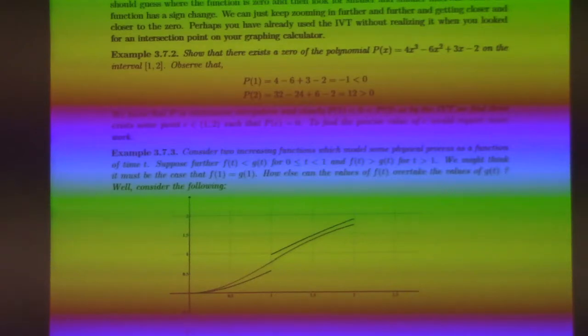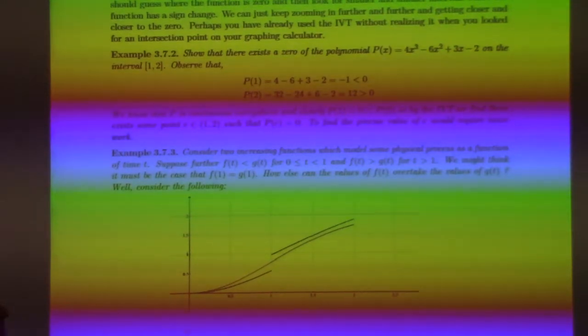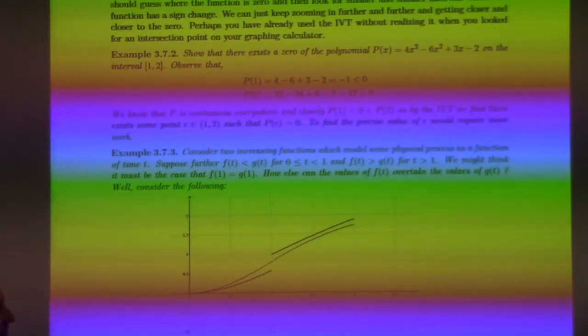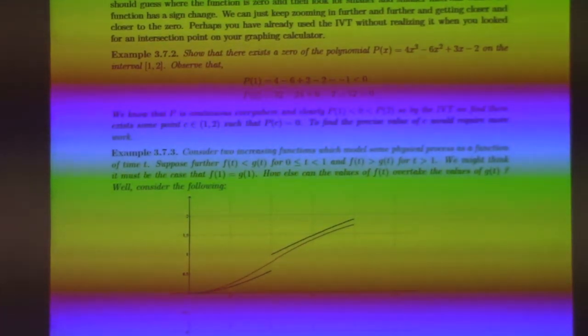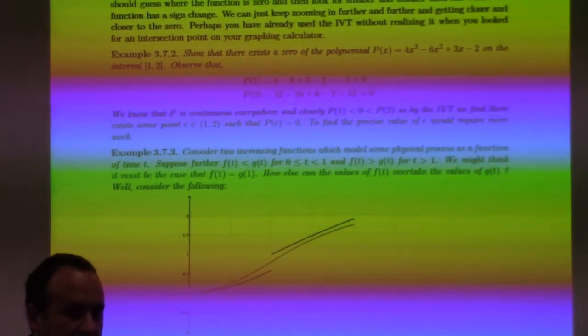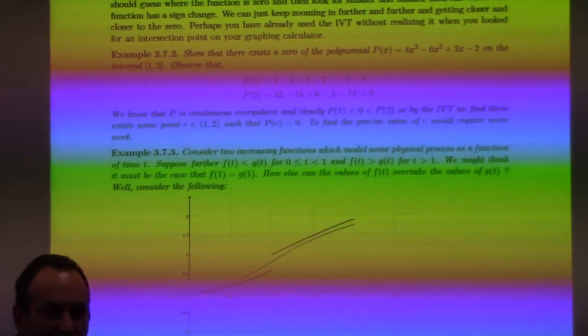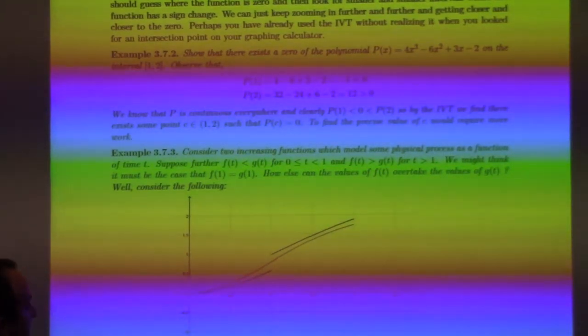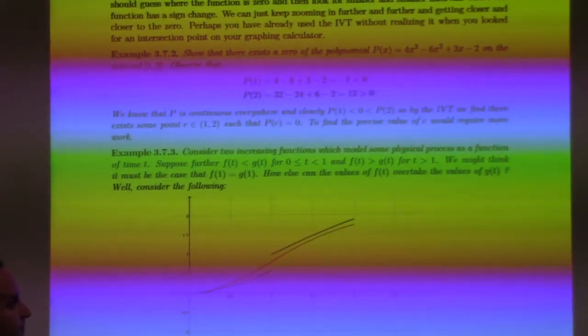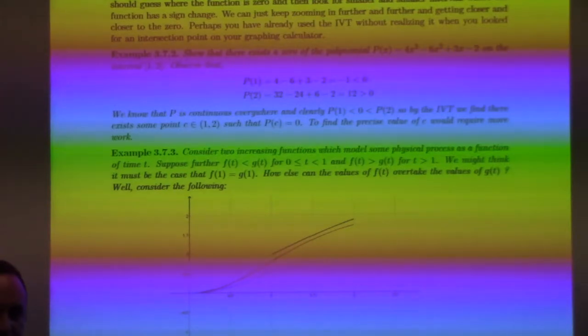So this polynomial goes from -1 at 1 to 12 at 2. That means between 1 and 2, there must be a value for which P of c is equal to 0. This is what the intermediate value theorem does for us. It helps us to be sure that there exists a solution to an equation, if the equation is defined by a function which is continuous.